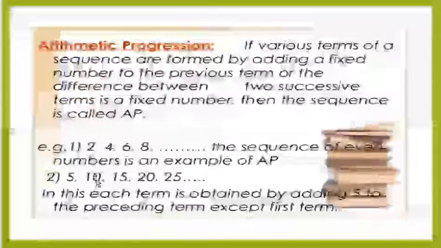Once again, 10 plus 5 is equal to 15, 15 plus 5 is equal to 20. Like that, we can find out the next number is 30. That is, 25 plus 5 is equal to 30. Same way, we can find many numbers in this sequence. In this, each term is obtained by adding 5 to the preceding term except the first term.